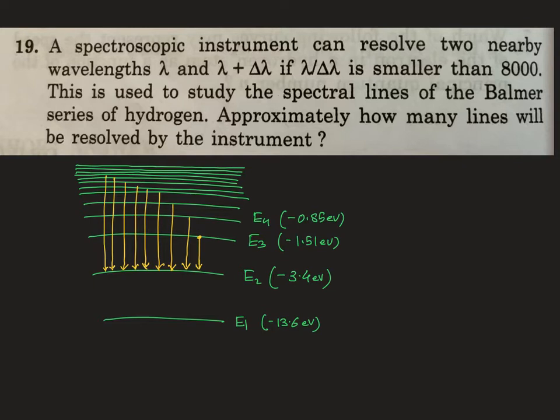Now, approximately how many lines will be resolved by the instrument? So we can assume that n is the quantum number, the principal quantum number, after which the lines cannot be resolved.